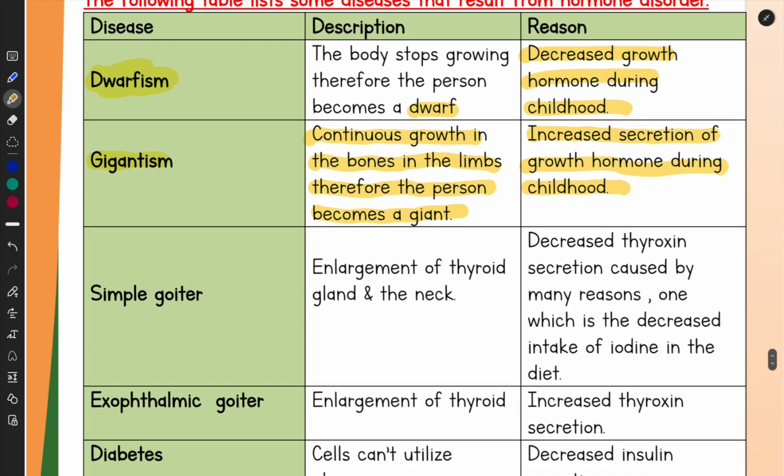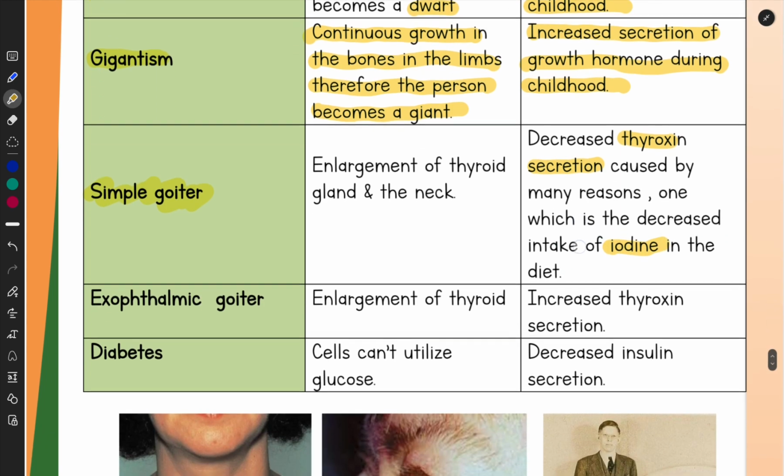Okay, the disease number 3, simple goiter. Simple goiter is enlargement of the thyroid gland in the neck. This is a description. Okay, the neck becomes very big. The reason is decreased thyroxine secretion caused by many reasons, one of which is decreased intake of iodine in the diet.